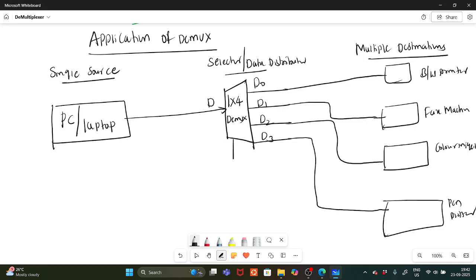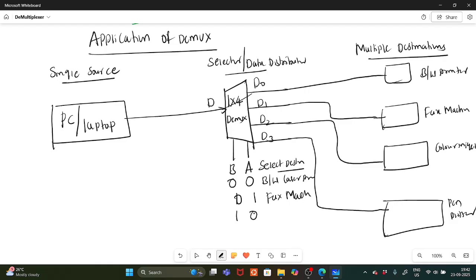Depending on the two selection lines, B and A, you select the destination. 0, 0 selects the black and white laser printer. 0, 1 selects the fax machine, 1, 0 the color inkjet printer, and 1, 1 the pen plotter.